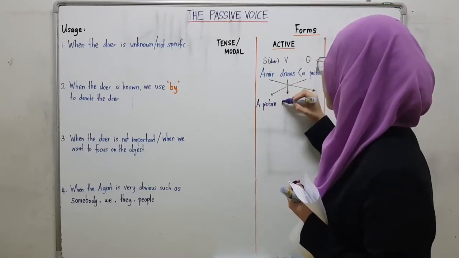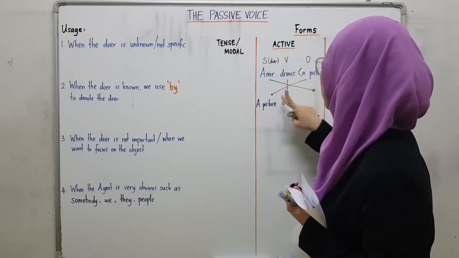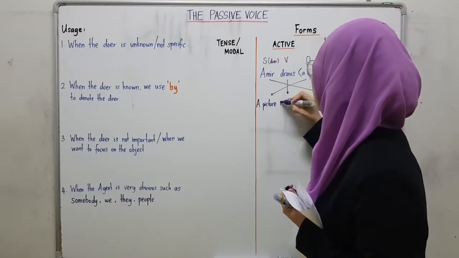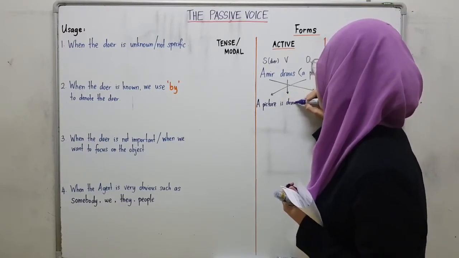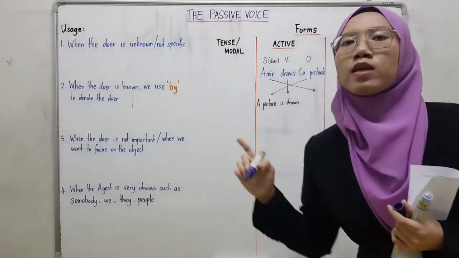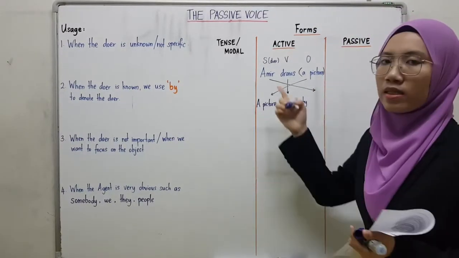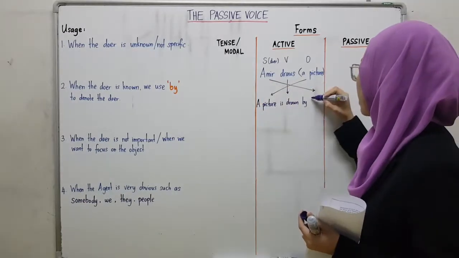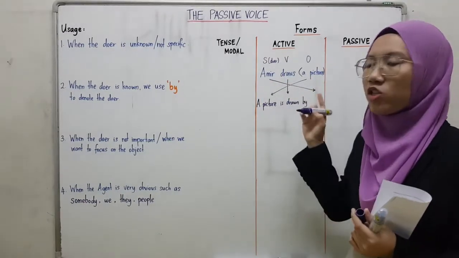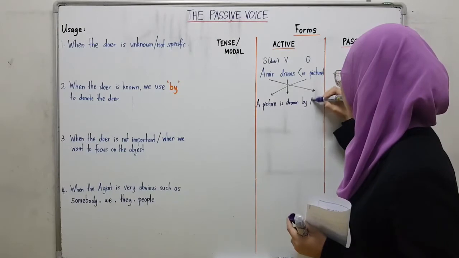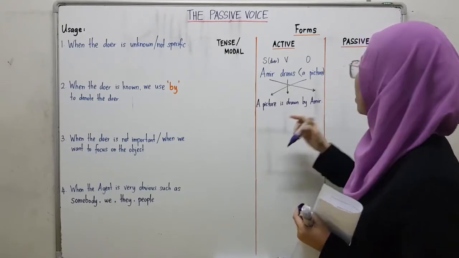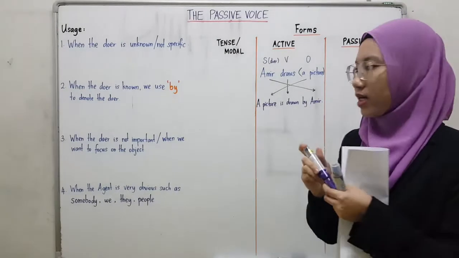So draws jadi is drawn. So we have to add by siapa? The subject tadi. Okay, sekarang subject ni jadi agent. Okay, the picture is drawn by Amir.